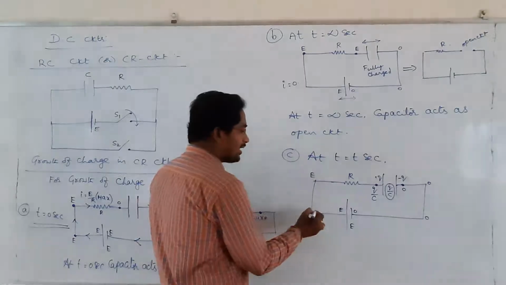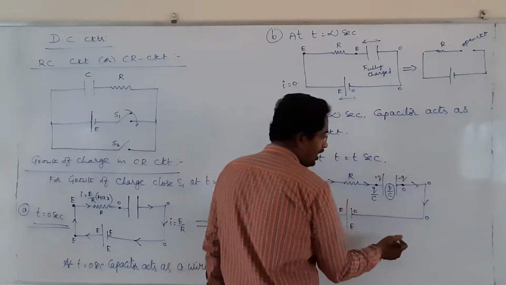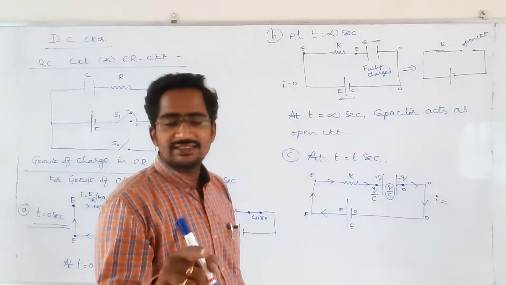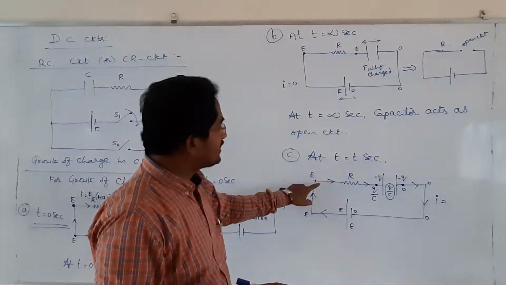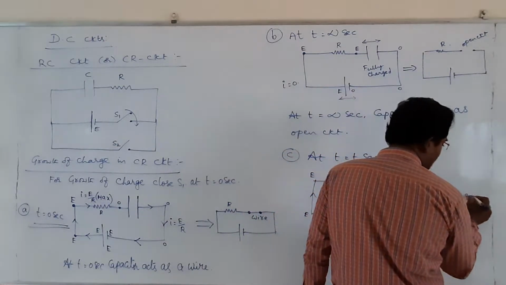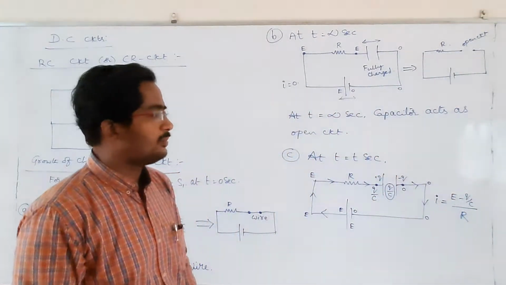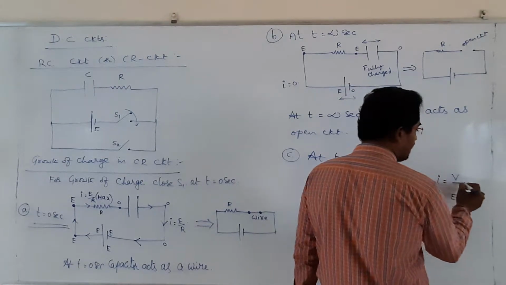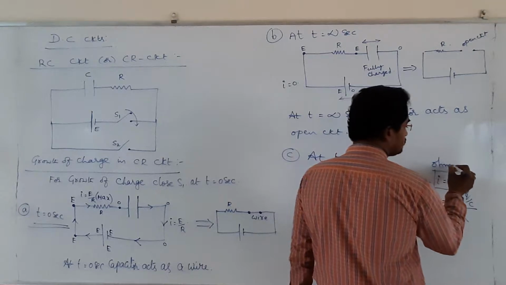By that, the current flowing in this circuit is the potential difference across the resistor by resistance, which is (E minus Q by C) by R. That comes from the formula I equals V by R, Ohm's law.